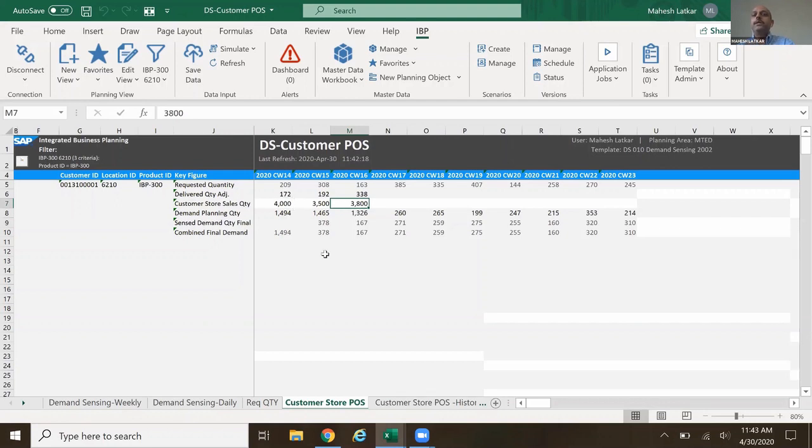You need to maintain enough data in the system, maybe up to 52 weeks at least, so that the system should be able to learn the pattern. All these downstream signals, in this case customer point of sales, it will try to relate to the requested quantity in the past, and it will form some kind of pattern and apply that pattern for the future forecast, which is the demand sense quantity for the future buckets.